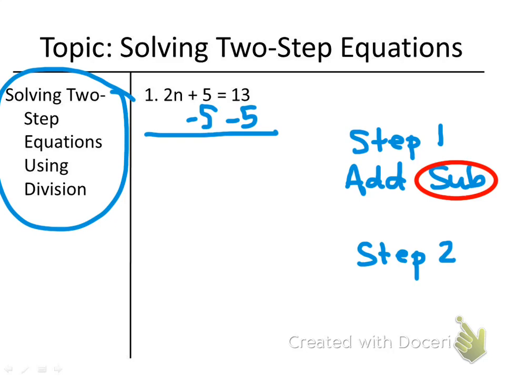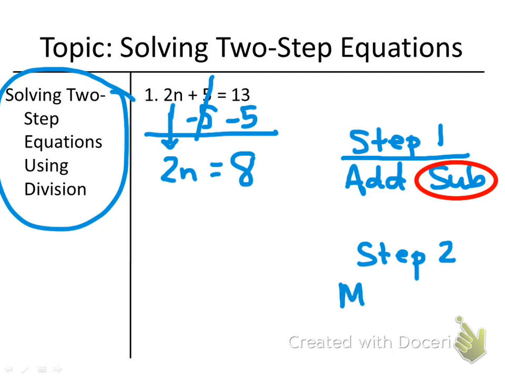So 5 minus 5 is 0. 13 minus 5 is 8. And then I bring down the 2n. Okay, that was my first step. Second step, I'm going to multiply or divide.